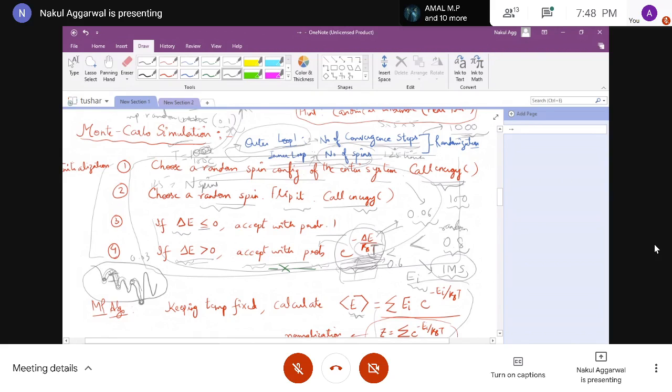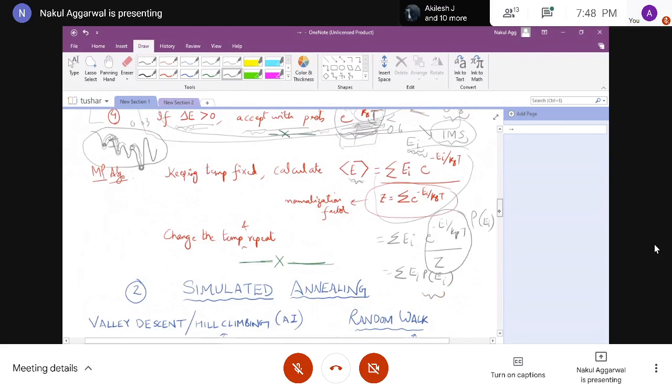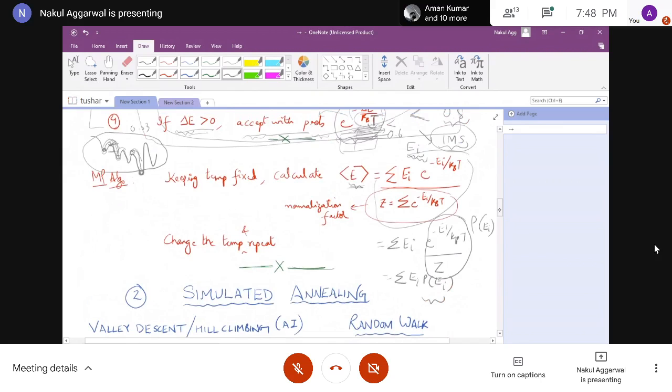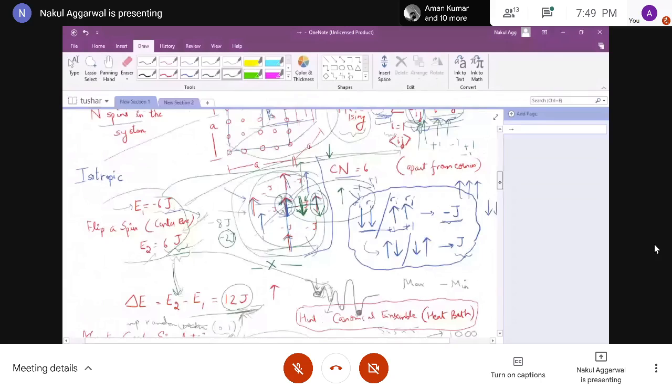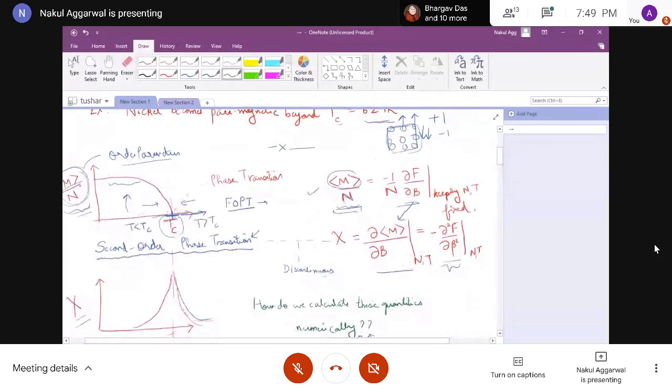We do these 1,000 times, and for each of that we calculate the energy Ei. Then we calculate the average value that corresponds to 1 point. So this is a plot of magnetization per spin. Just imagine if this is average energy. That is not the plot, but that will correspond to 1 point in this plot.